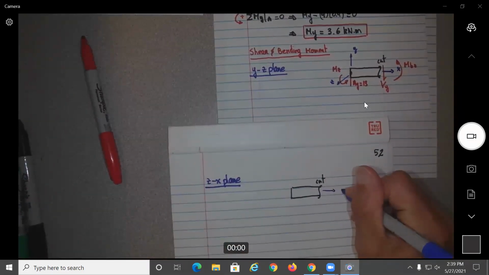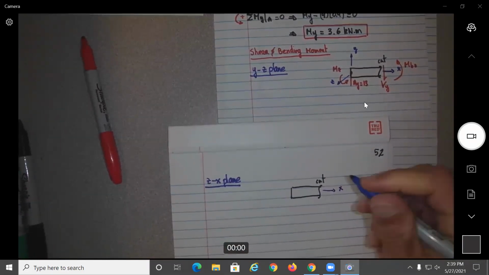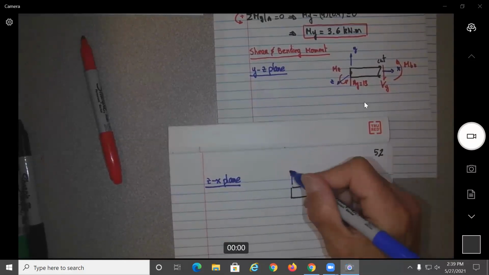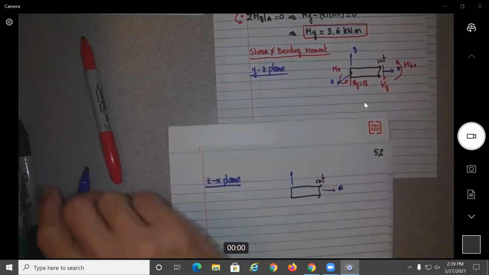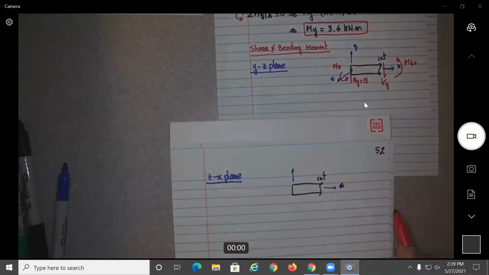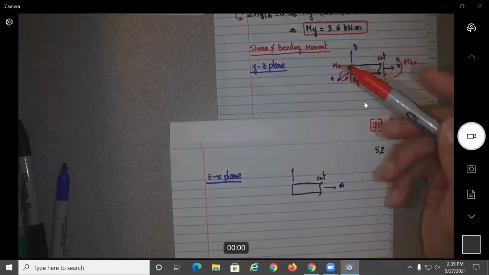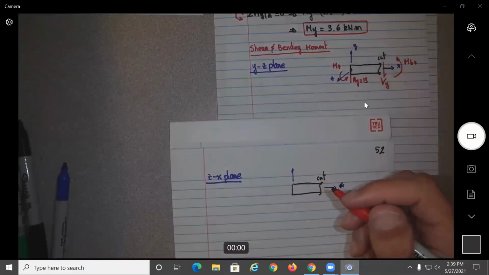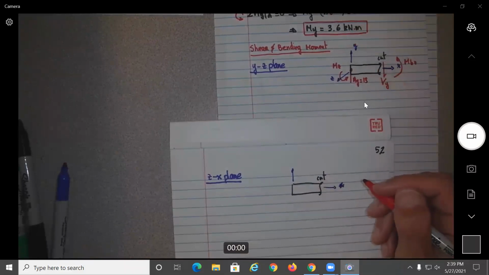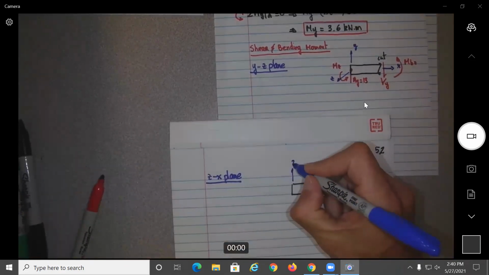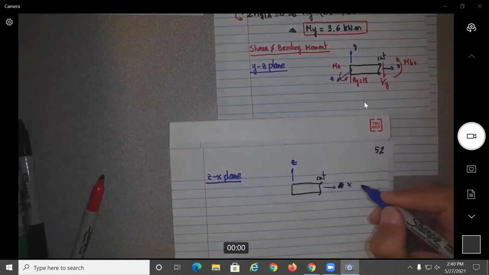So it would be X. No, I don't want to put X here, okay? Forget about this X. Otherwise, I'm gonna have to do it sideways. Now, what I want to put here is, so we had A, Z. Can I do this one? Let's put X, Z. Maybe that could work.